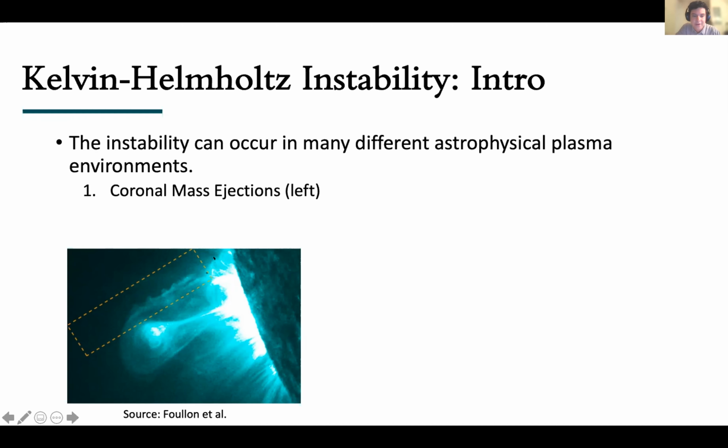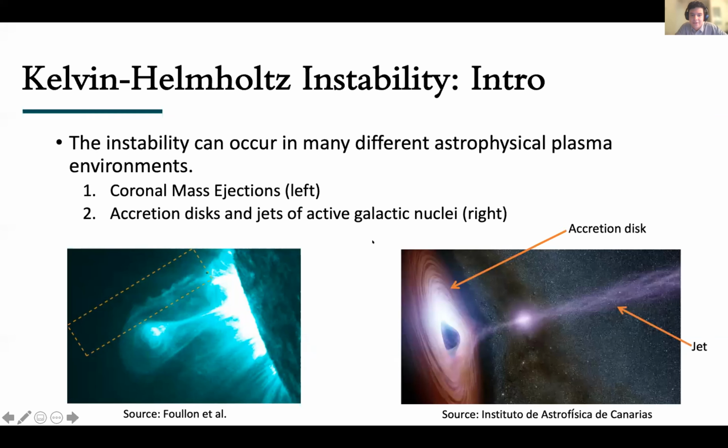Here we have the characteristic Kelvin-Helmholtz waves on the left in this diagram. We also know that it can occur in decretion disks and jets of active galactic nuclei, or at least we speculate that it can occur there, as well as in pulsars. This is because all you really need is a velocity shear to incite this instability.